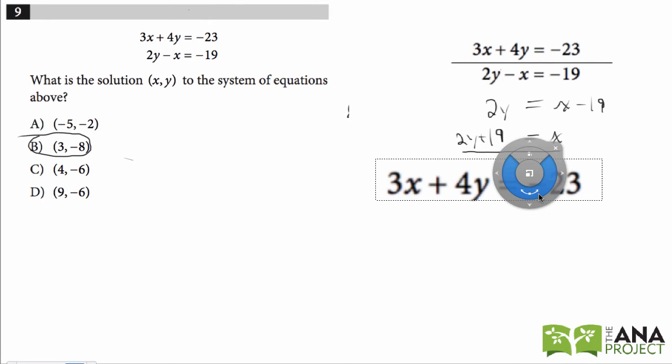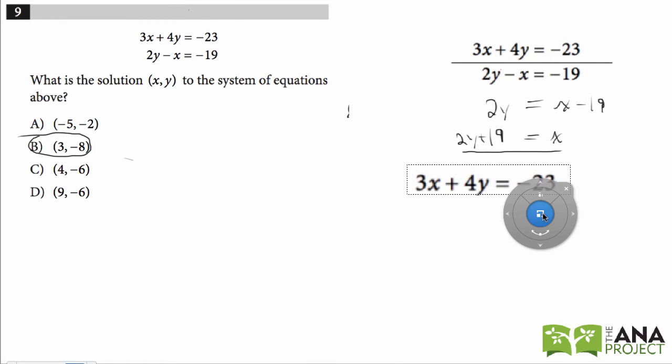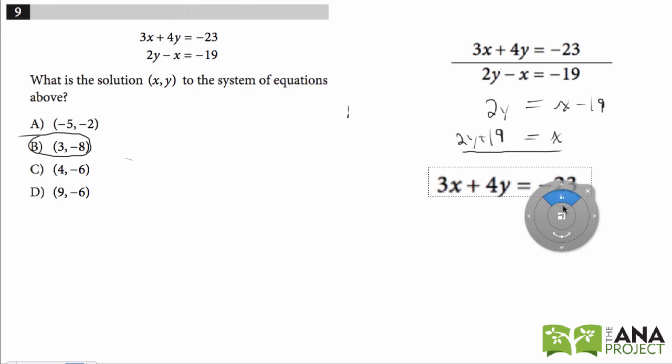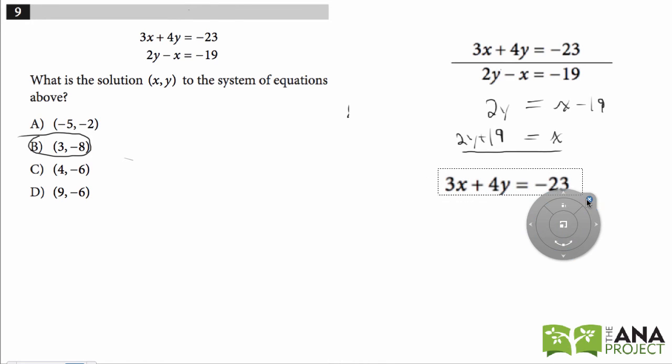All right. So this equation here, from here we solve for x. X equals 2y plus 19.